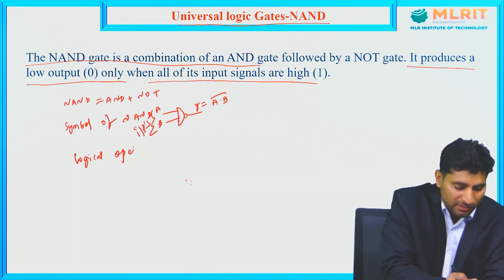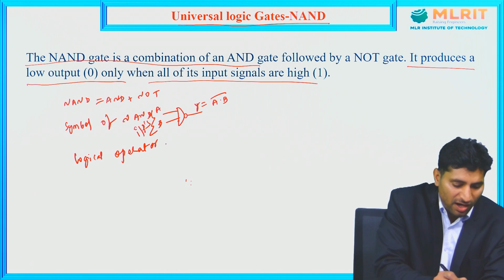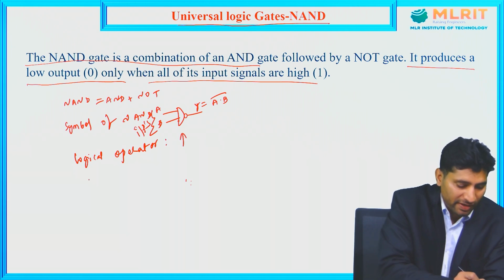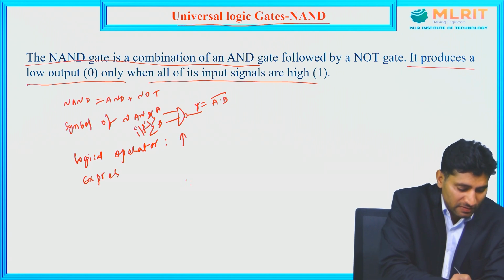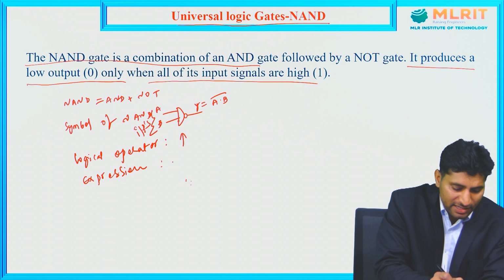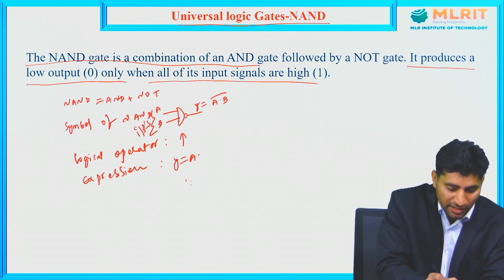The logical operator of the NAND gate is this one, and the Boolean expression of the NAND logic gate is Y is equal to (A dot B) whole bar.